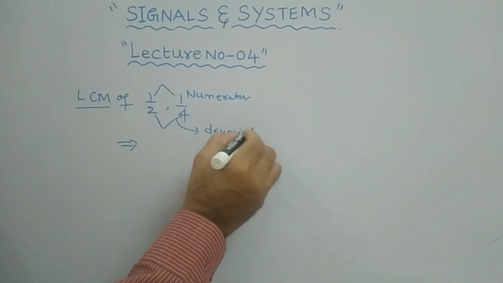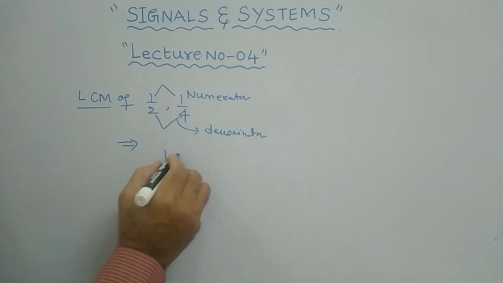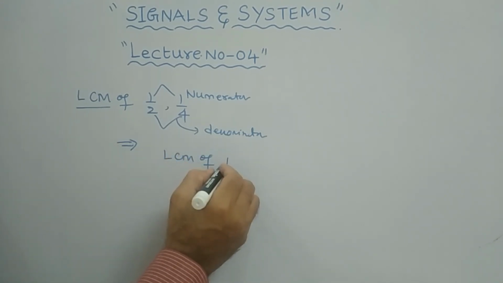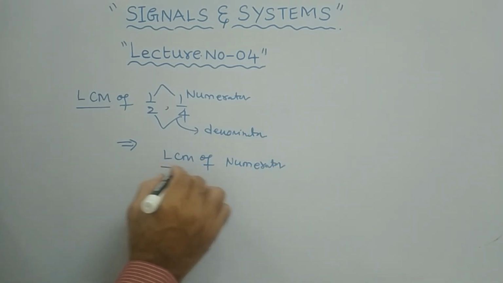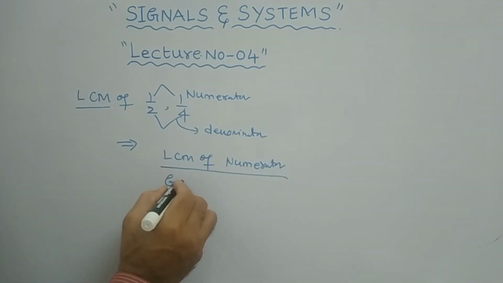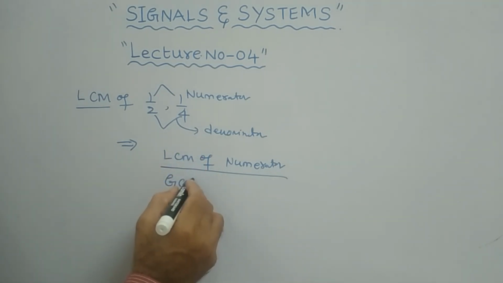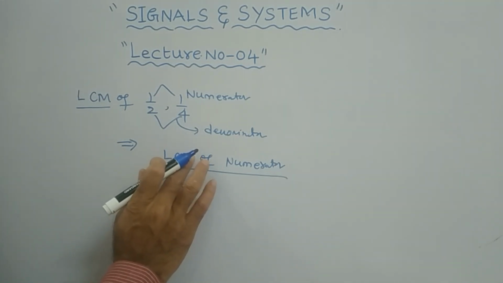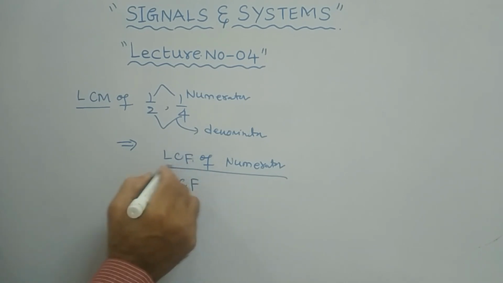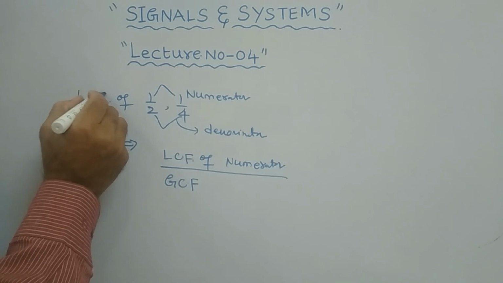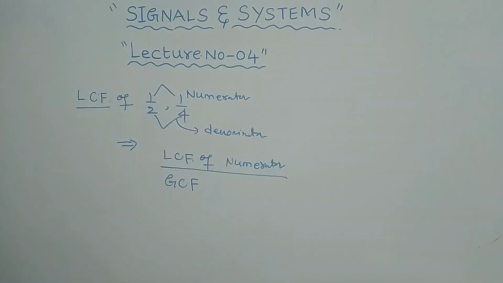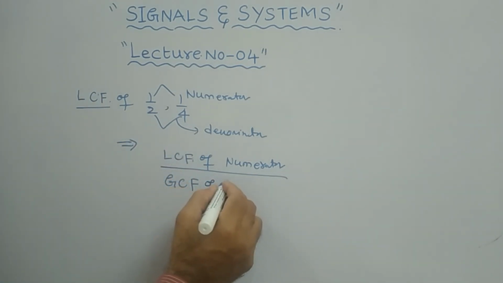Take the LCM of the numerators, divided by the GCF, the greatest common factor, of the denominators. This is the formula.